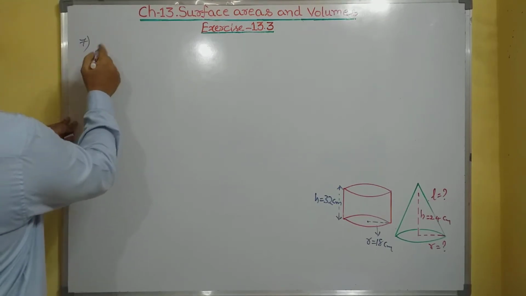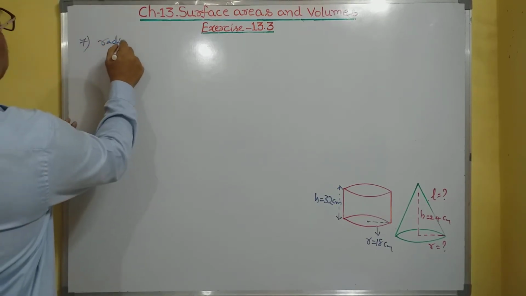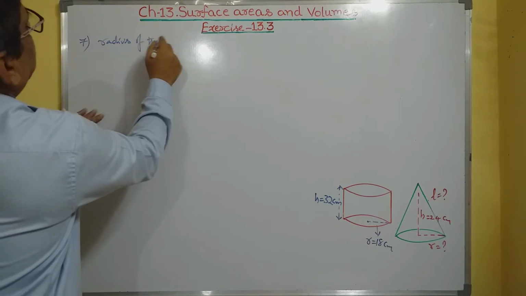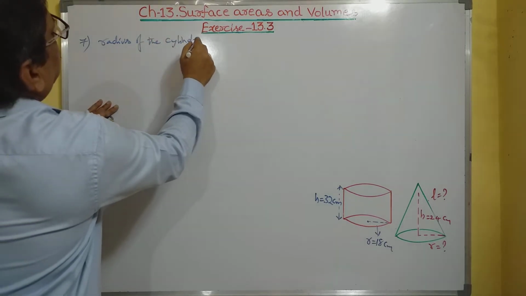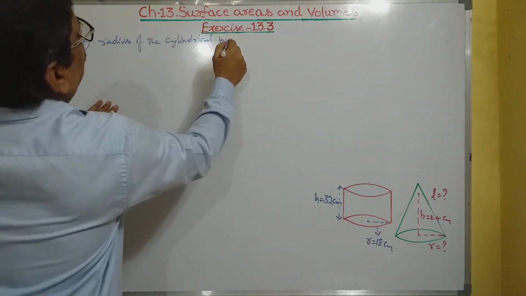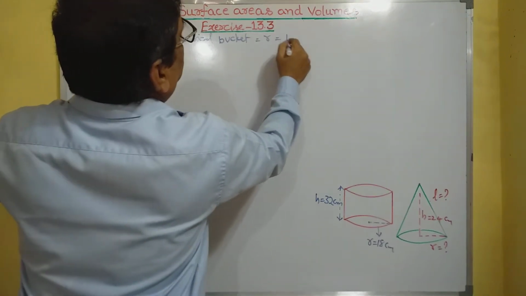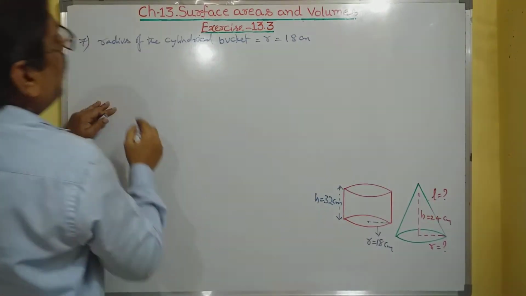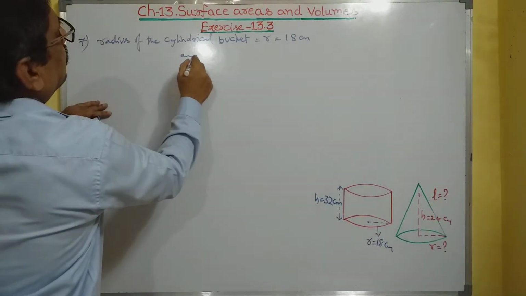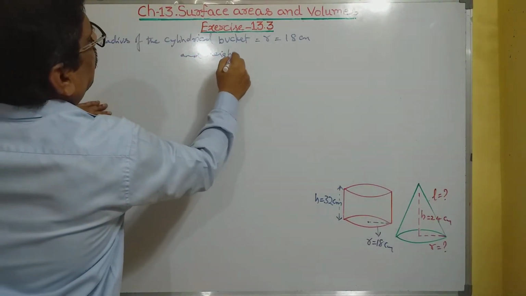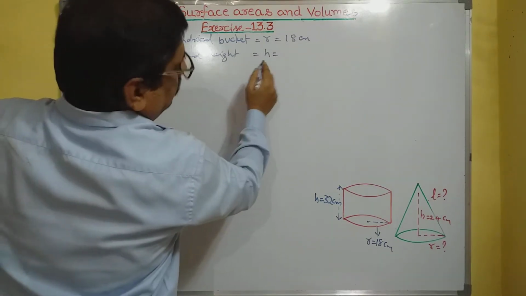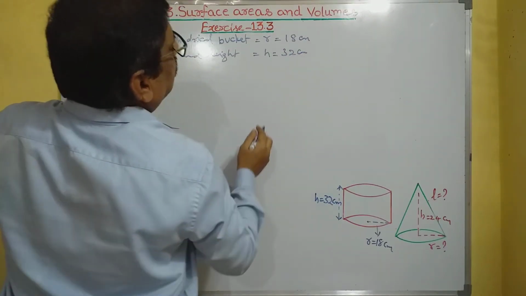Here's the radius of the cylindrical bucket. Radius R is equal to 18 centimeters. And height of the bucket, height H is equal to 32 centimeters.